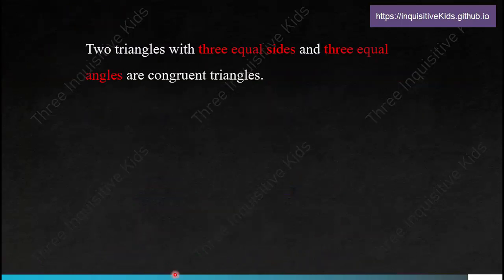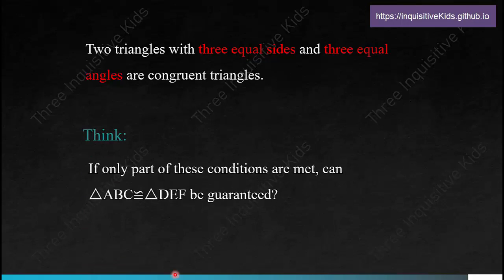Two triangles with 3 equal sides and 3 equal angles are congruent triangles. Think, if only part of these conditions are met, can triangle ABC be guaranteed to be congruent to triangle DEF? So let me explain what this means for a minute.